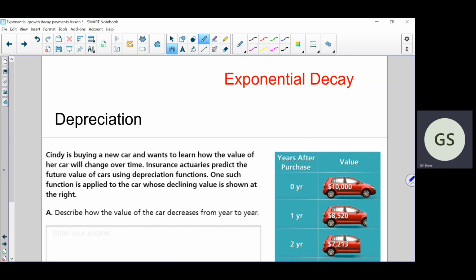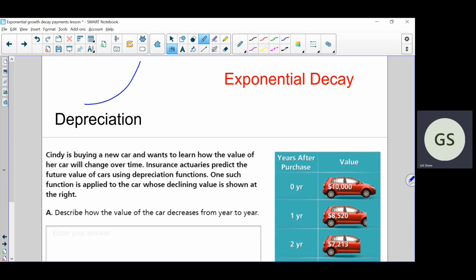When you buy almost anything, a car is the example we'll use tomorrow, it doesn't keep its value. So you may buy a $10,000 car, a $15,000 car. As soon as you drive it off the lot, it's not worth $10,000 anymore. The value of that goes down, and it goes down in an exponential way. If you remember one time we had a curved line that went up like that, that's exponential growth.